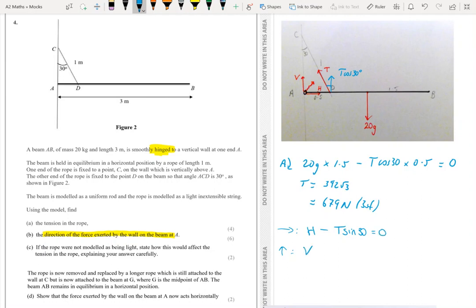Vertically, we've got V, and we've got that component of tension which I have drawn, T cos 30, and we've got weight going downwards, and again, all those three together equal 0 because we're in equilibrium.